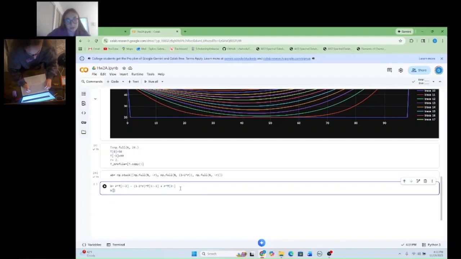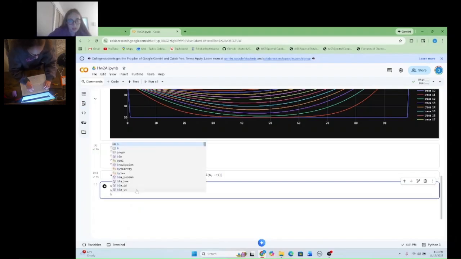So B at 0 is plus or minus T0, and then B at -1 should be plus or minus T at -1, okay?